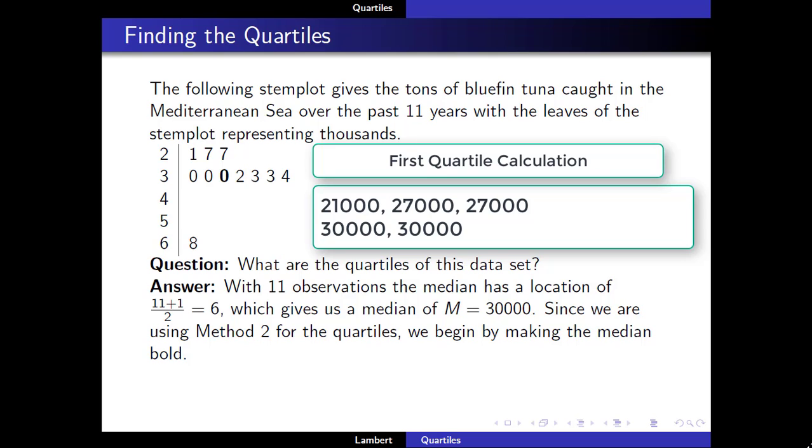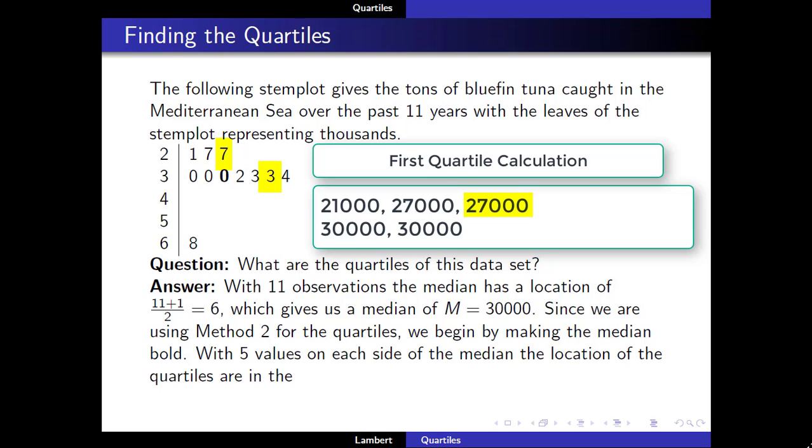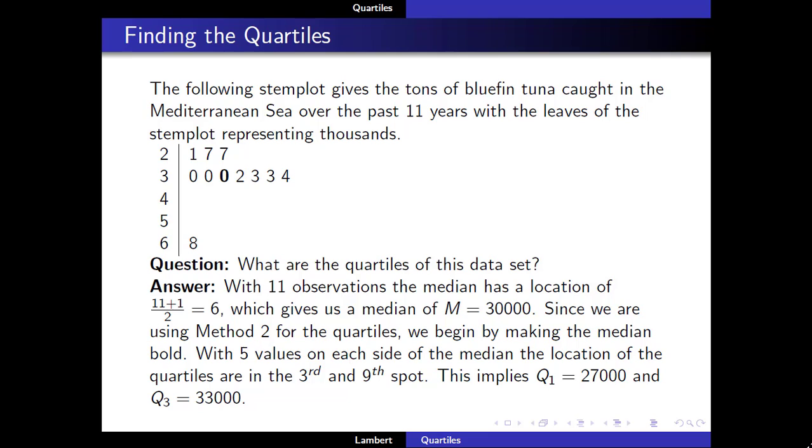So we take 5 plus 1 and divide by 2, which gives us 6 divided by 2, so our location is 3 to the left of that median and 3 to the right. That's the third and ninth spots. Those are 27,000 and 33,000, and those are our answers for the first and third quartile.